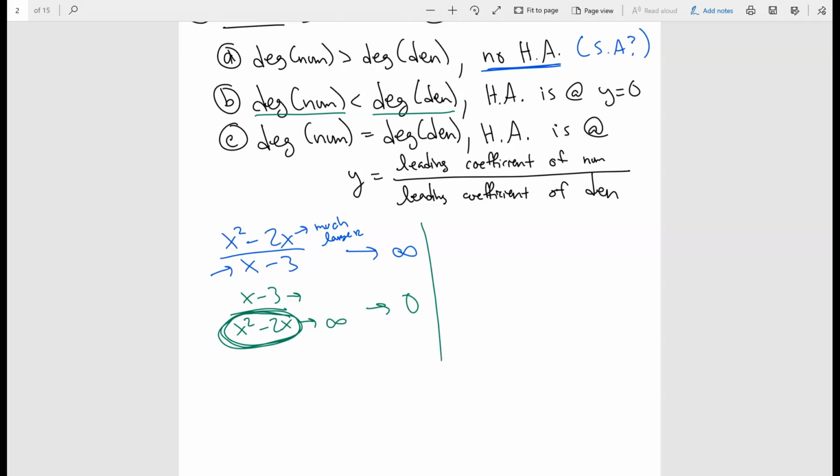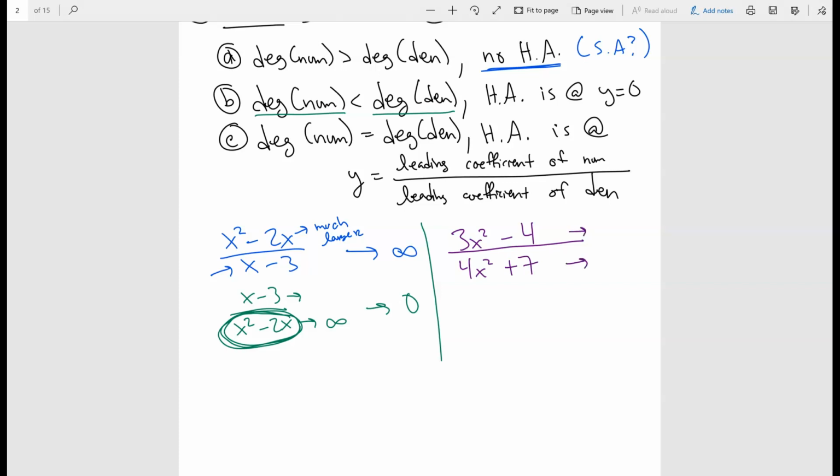If the degrees are the same, well, let me choose a different color. So let's say you have 3x squared minus 4, and then 4x squared plus 7. When you have these, both of them are going to get really, really large.